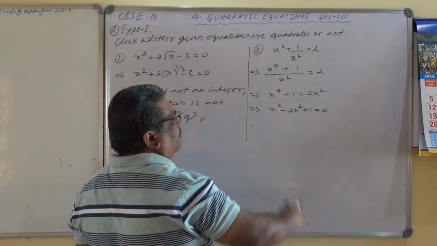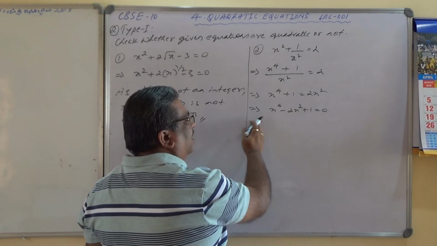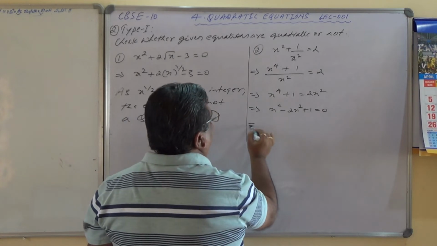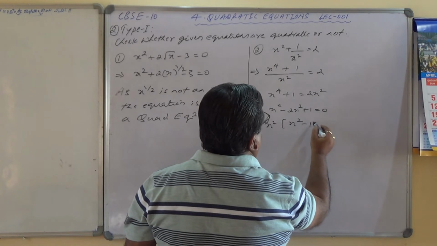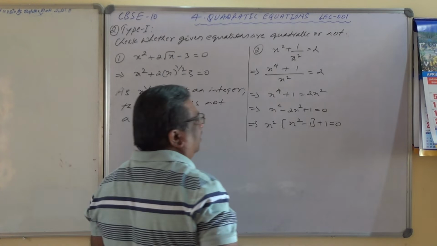Would you be able to take anything common here? Not possible. Even if I take x square common over here, it is not possible. It will become x square times x square minus 1 plus 1 equals 0, isn't it?